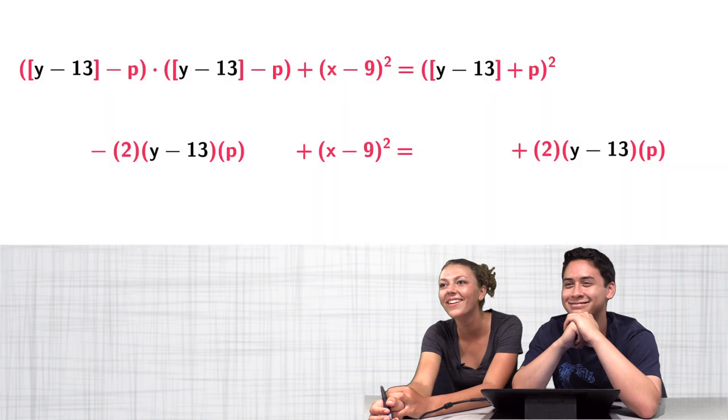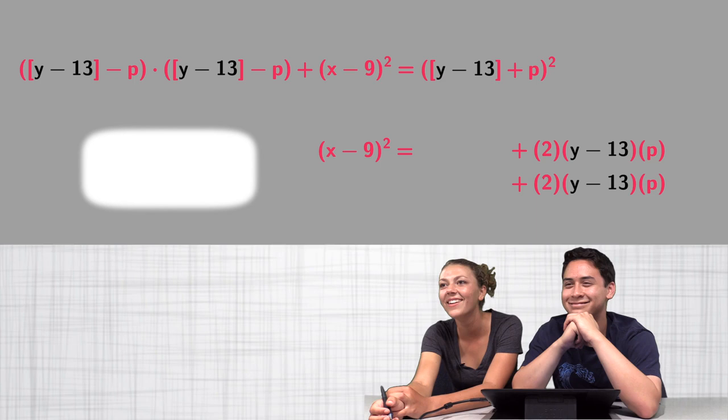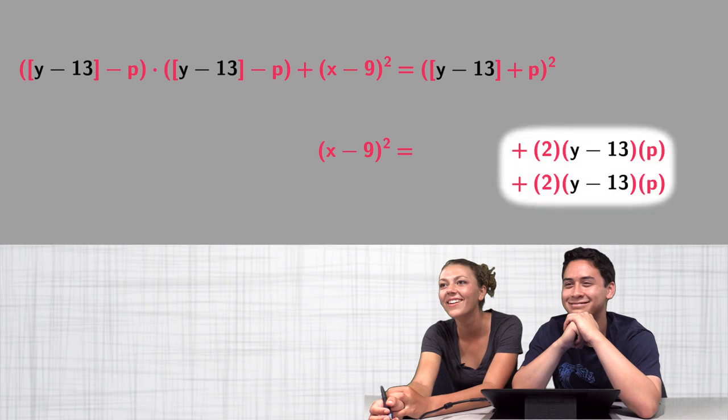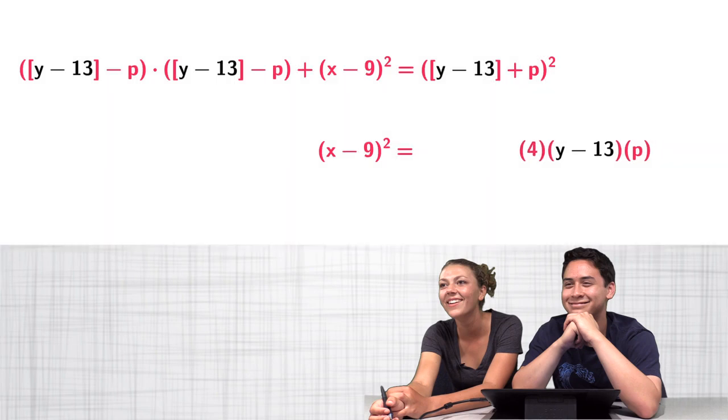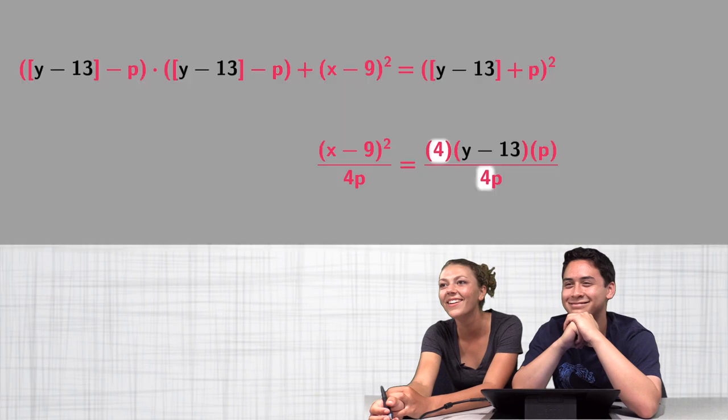To get the two terms containing y together, Sasha and Keoni added 2 times the quantity y minus 13 times p to each side of the equation. To get y alone, they divided both sides of the equation by 4p.